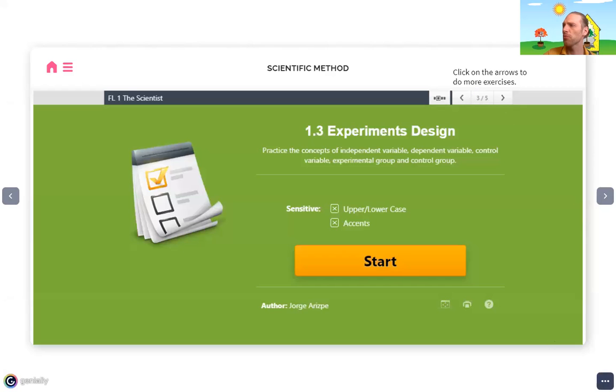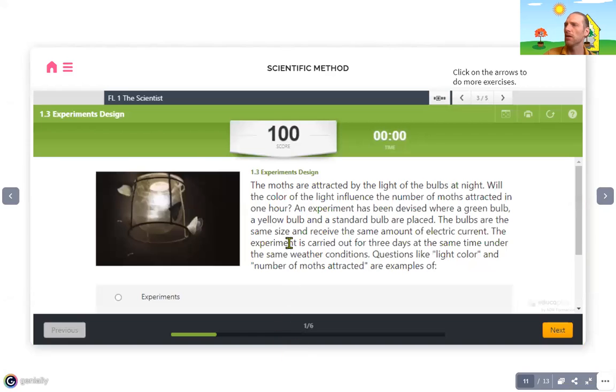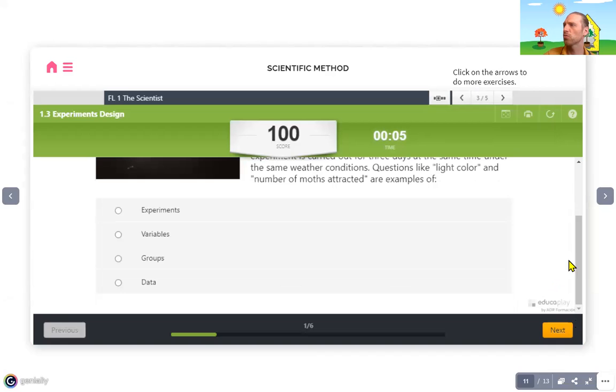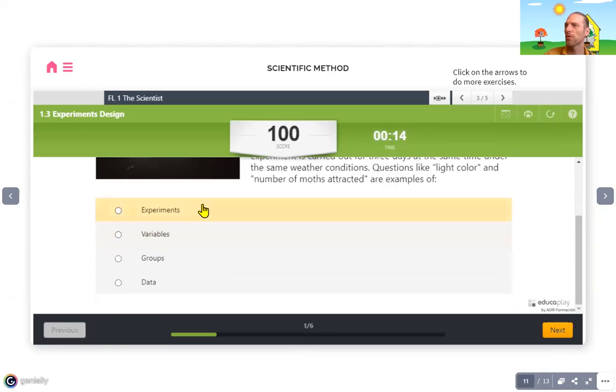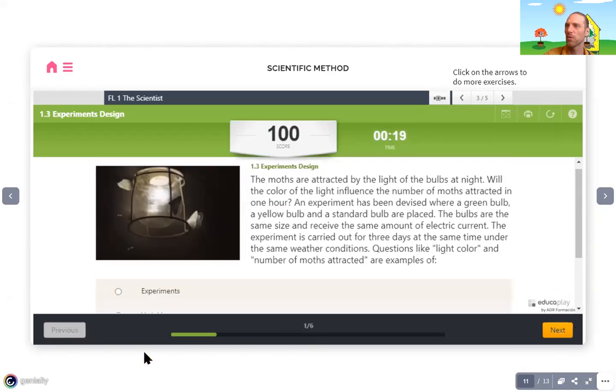So that's exercise 3. If you look at exercise 1, sorry, if we look at exercise 3, I always recommend making it full screen because otherwise you don't see it really well. Here it's very simple. It's multiple choice questions. There is an experiment and you have to say light, color, and number of moths attached are examples of what, and you tell me what it is.